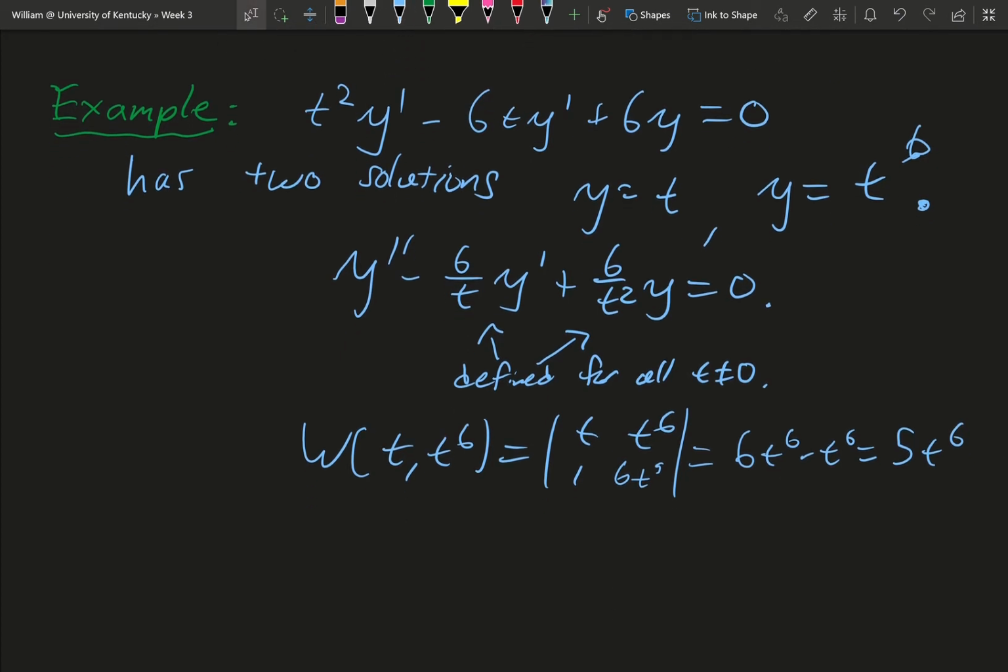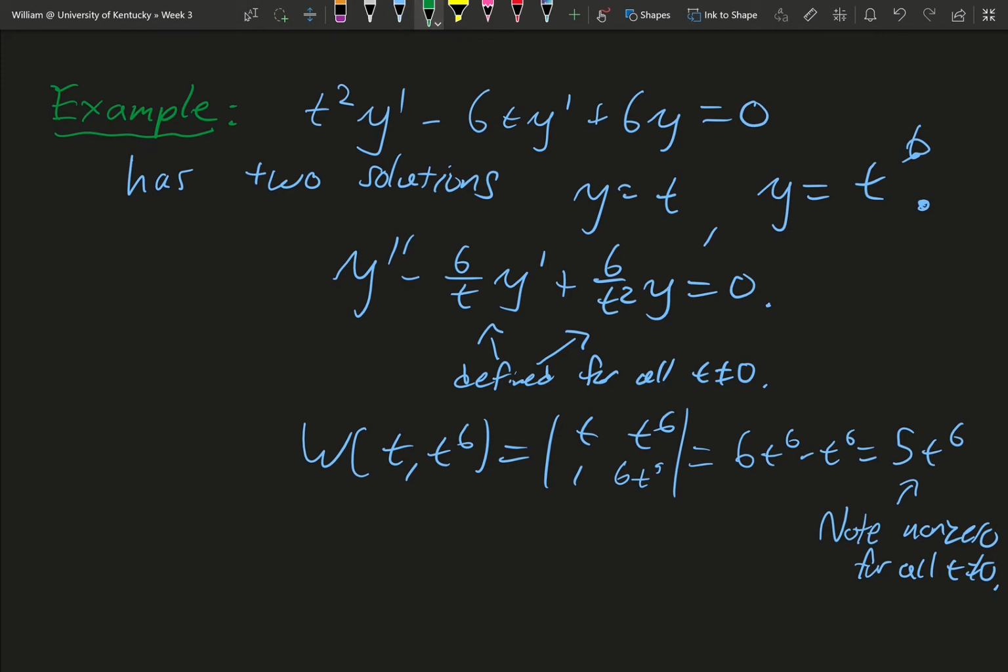And note that the only place where this is 0 is precisely at t equals 0. So this is useful for a couple of reasons.